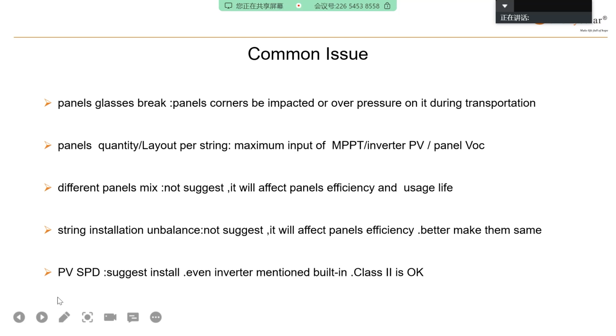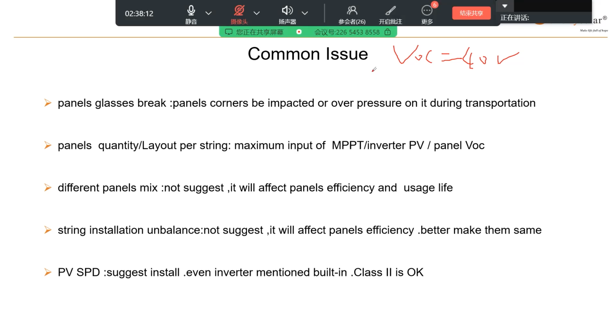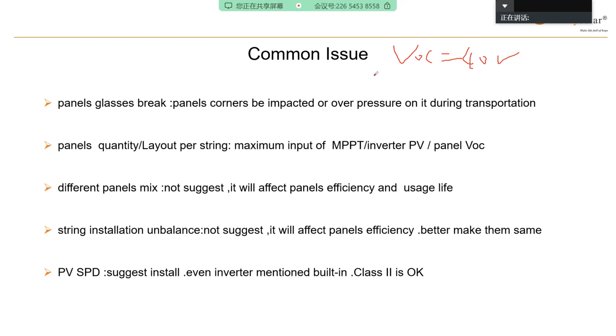For example, if the panel's VOC is 40 volt, and the MPPT controller or inverter maximum PV input is, for example, 500 volt. This is the inverter maximum input.